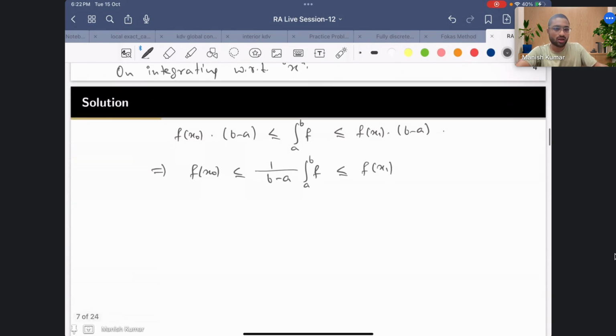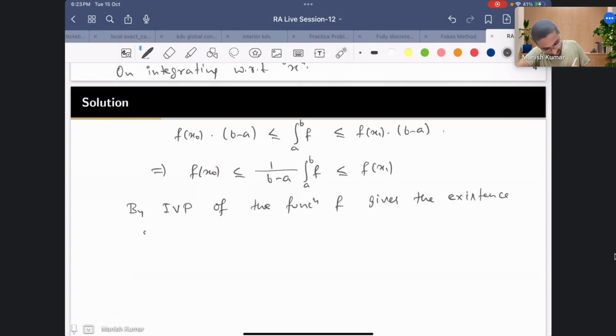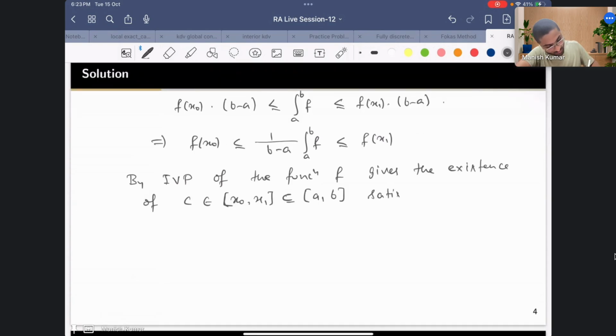Now you just use the intermediate value property of the function f. So by the intermediate value theorem for the function f, we get the existence of c belonging to x0, x1, which is obviously a subset of a, b, satisfying f of c equals 1 by b minus a times the integral of f over a, b.